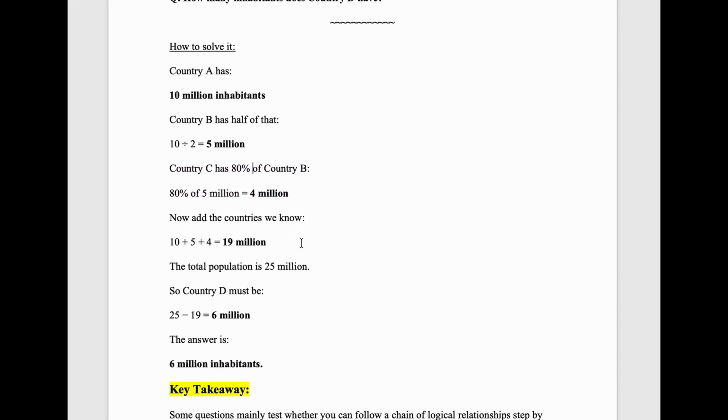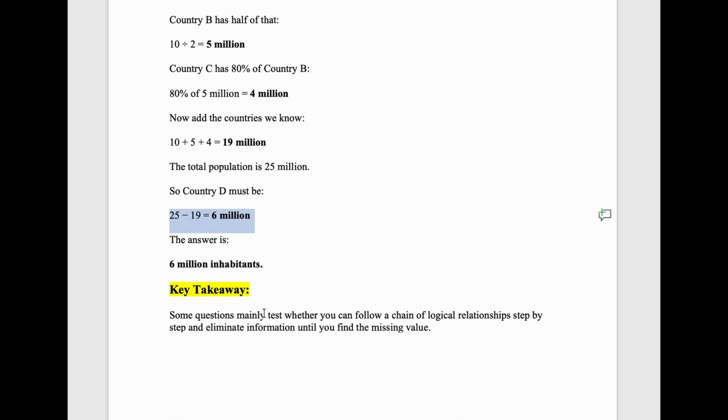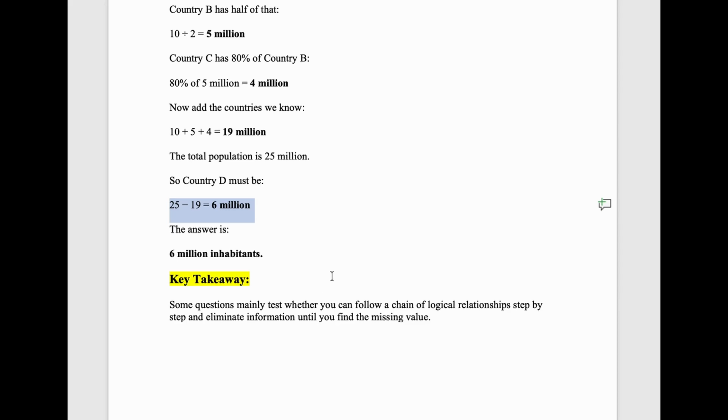Now you have the population of three countries, so you add up and you get to 19 million. You also have the total population, which is 25 million, so it's an easy subtraction. You get very easily to 6 million, so country D is 6 million. It sounds like a relatively easy exercise, and in this case, I have to say it is.